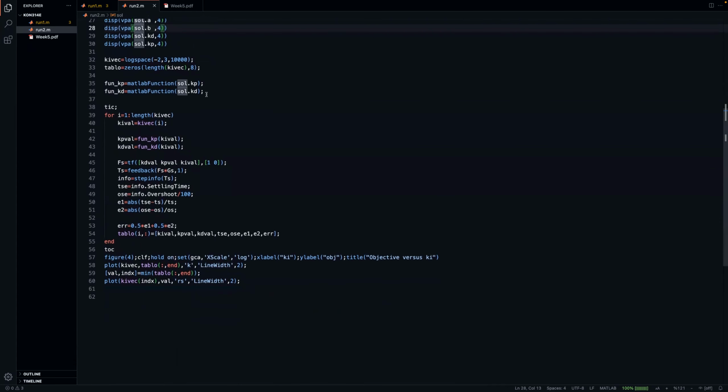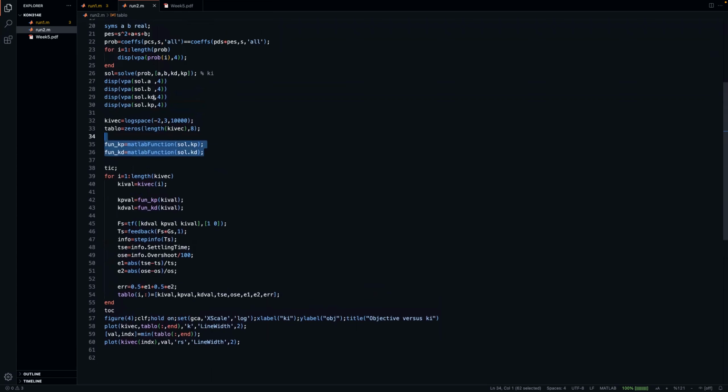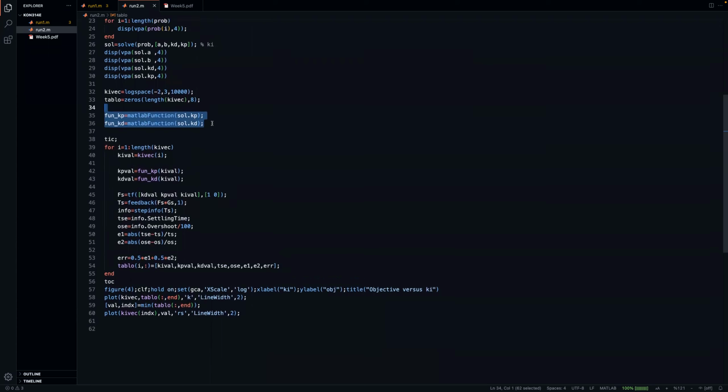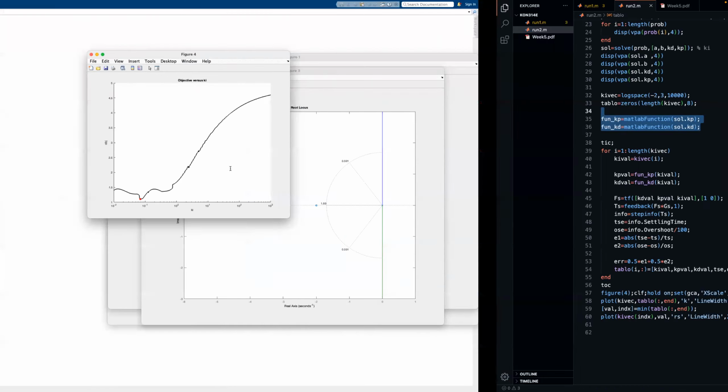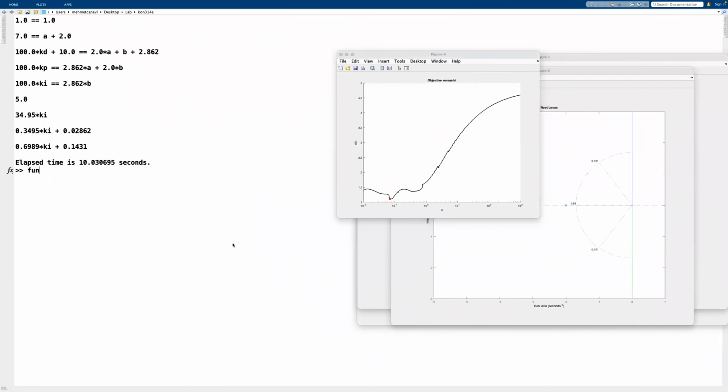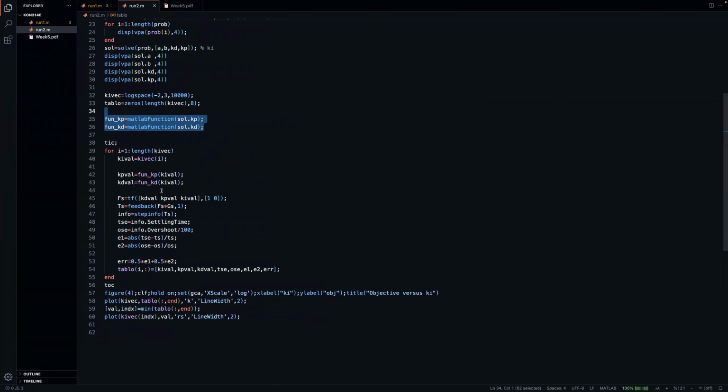In our case, we only need these 2 controller parameters, so I'm just using them, but you can define A, B, and all the other stuff like that. So all symbolic expressions can be converted into MATLAB functions, which is quite nice because MATLAB functions, and you can see funkp on its own too, are vectorized functions. And vectorized functions with a dot multiplication can deal with the whole vector.